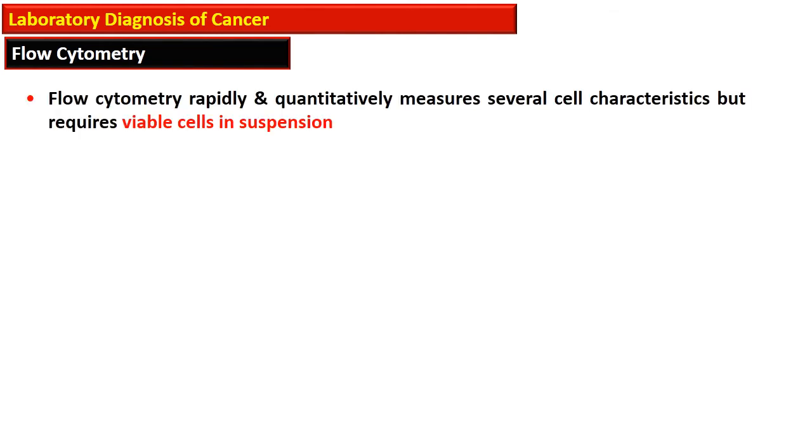Flow cytometry is a technique that is used to detect and measure physical and chemical characteristics of a population of cells or particles.